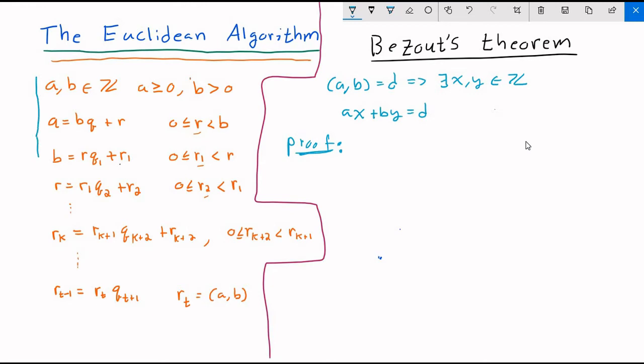So we're going to consider, again, the notation as it's set up on the left side of the screen with the Euclidean algorithm, which we know from the way it's written out there, we can write r t minus 2 as r t minus 1 multiplied by q sub t plus r sub t.